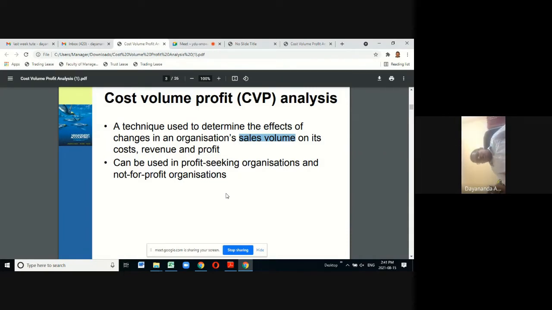Even when you are organizing a trip, suppose a 20-day overseas trip, how many people must join to make your project profitable or just to cover your expenses? That's cost volume profit analysis.